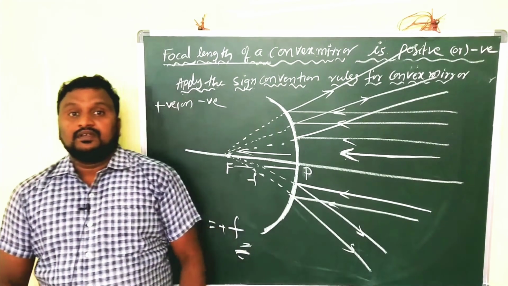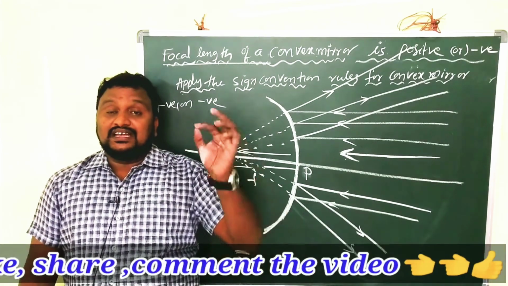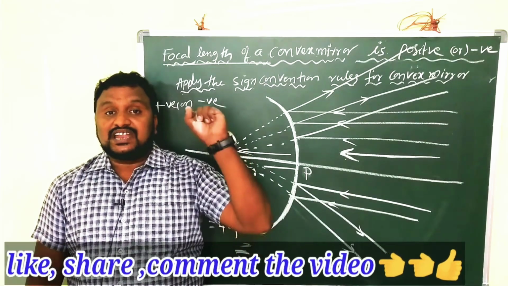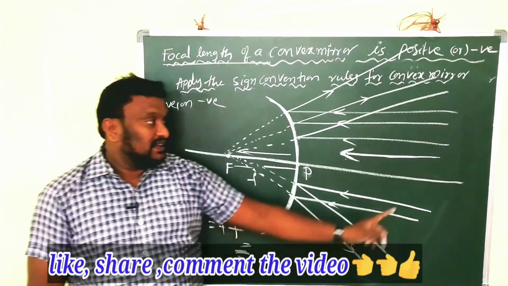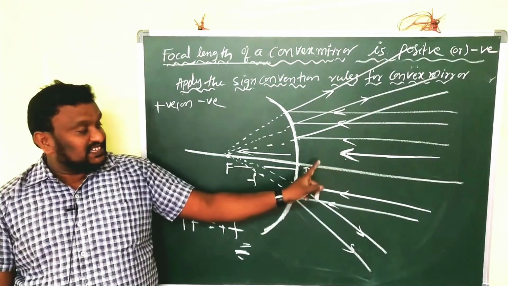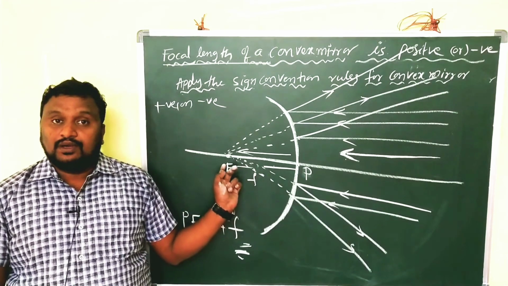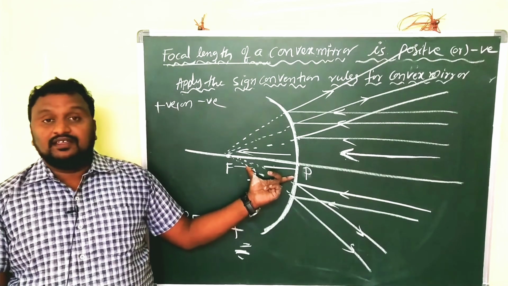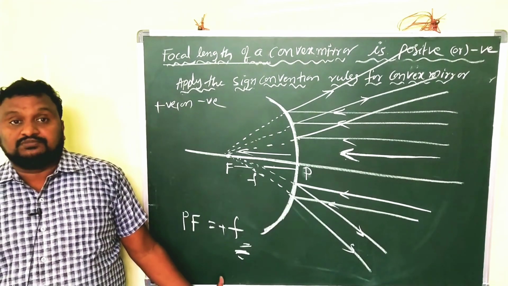According to the second sign convention rule, the distances taken in the direction of incident light are taken as positive. Here this is the direction of movement of incident light, and in the same direction we are taking the distance from P to F. That's why the focal length is positive.